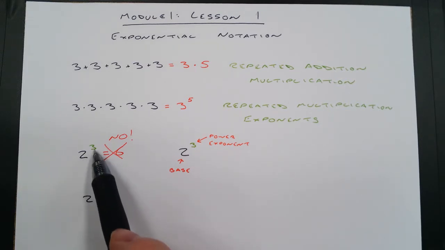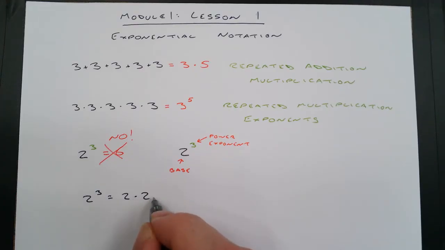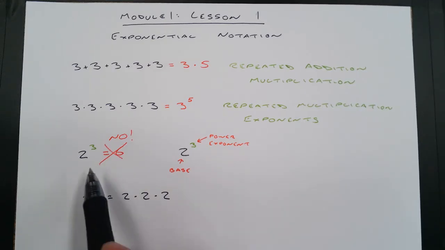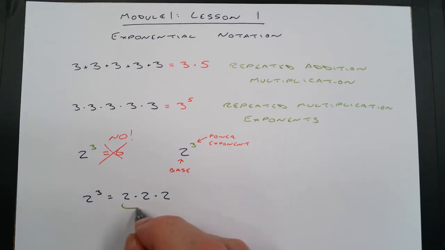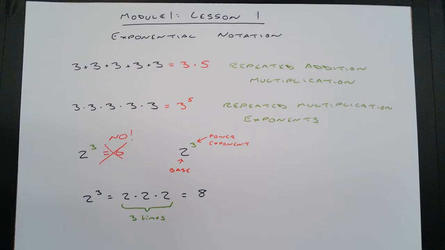It's not 2 times 3. It's 2 3 times. There's a difference. It's 2 times 2 times 2. Not 2 times 3. 2 3 times. And to solve this, we do 2 times 2, which is 4, times 2 is 8. So 2 to the third power is 8.